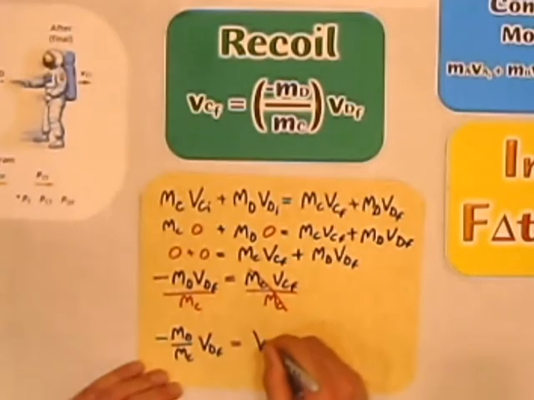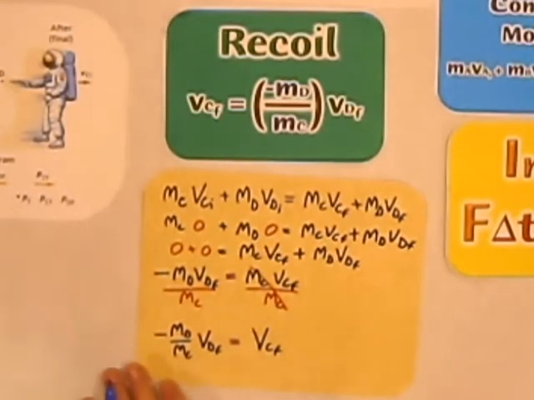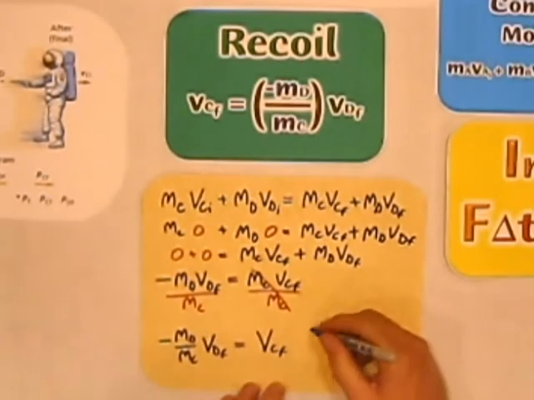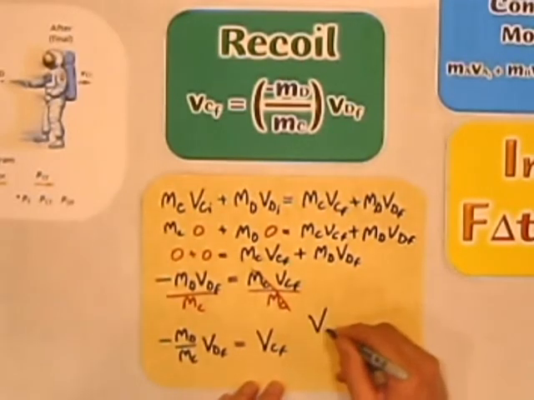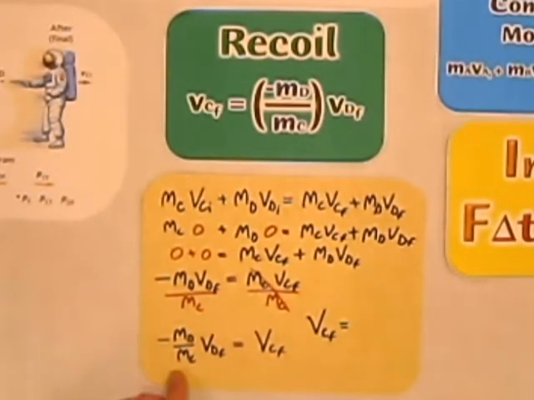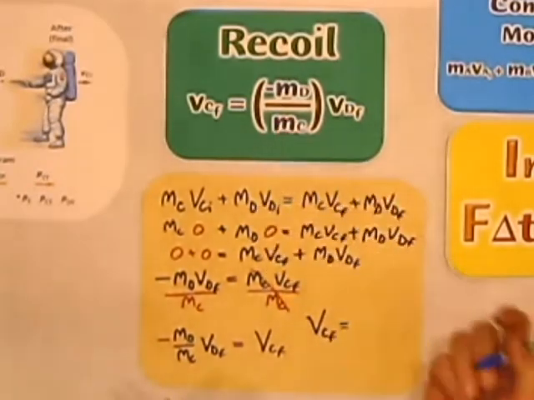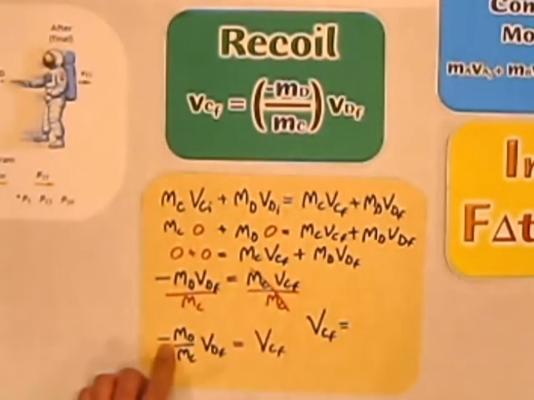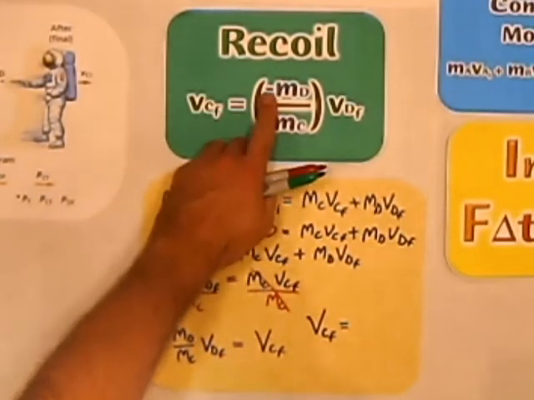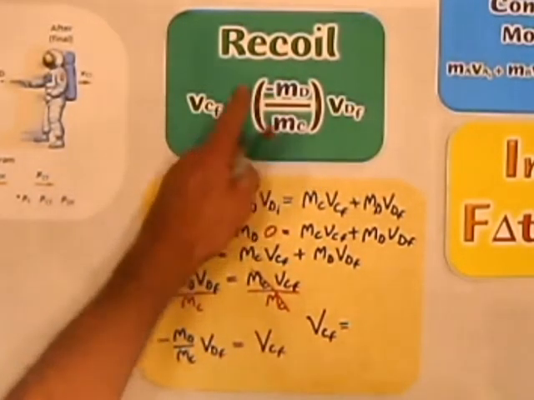VCF. Now, of course, this is backwards, so let me just rewrite it the other way around. VCF equals, and then these are put into parentheses, but notice that we could have put the negative outside the parentheses if we wanted to. It's just by convention that they put it in there. So I'm going to write it slightly differently.